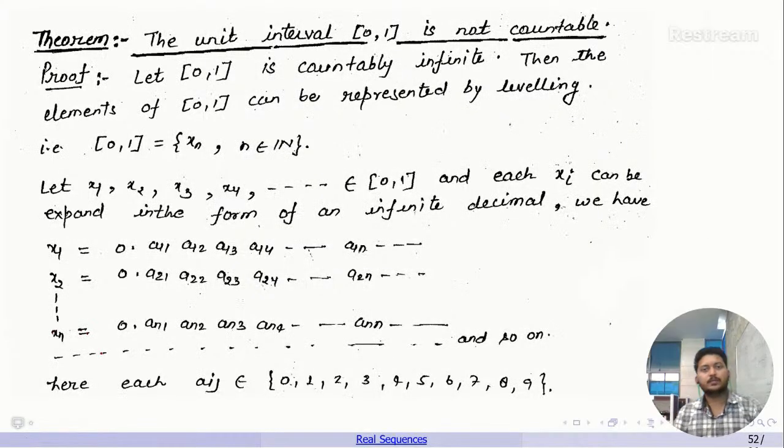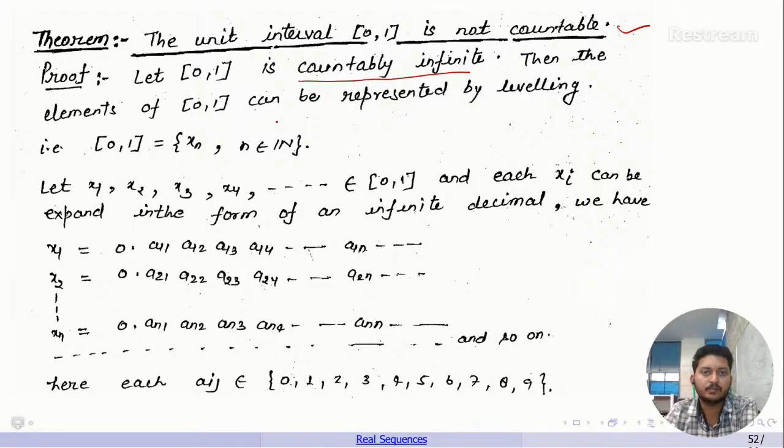Now move on to one more important theorem, basically based on the basic exams like your B.Sc, M.Sc. These questions are always asked in your exams or any university's type of exam. So the theorem says that the unit interval, the closed interval 0, 1, is not countable. So here is some proof regarding this. The proof says to take these numbers as countably infinite.